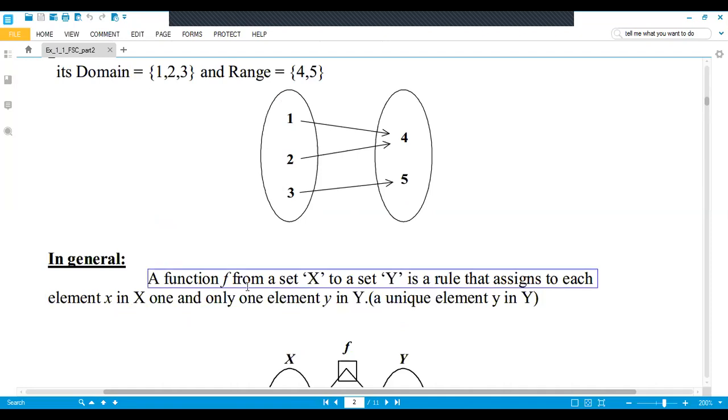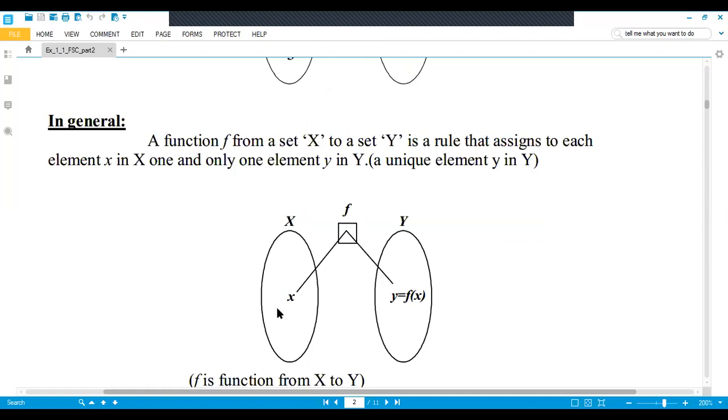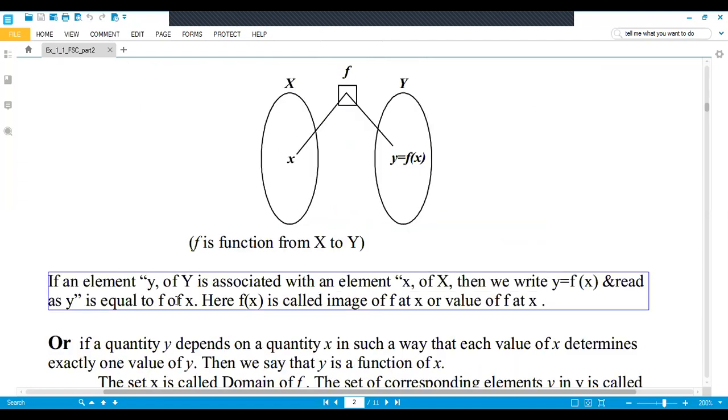In general, a function f from set X to set Y is a rule that assigns to each element of X one and only one element of Y, a unique element of Y. So f is a function from capital X to Y. If an element small y of capital Y is associated with an element small x of capital X, then we write y is equal to f of x.